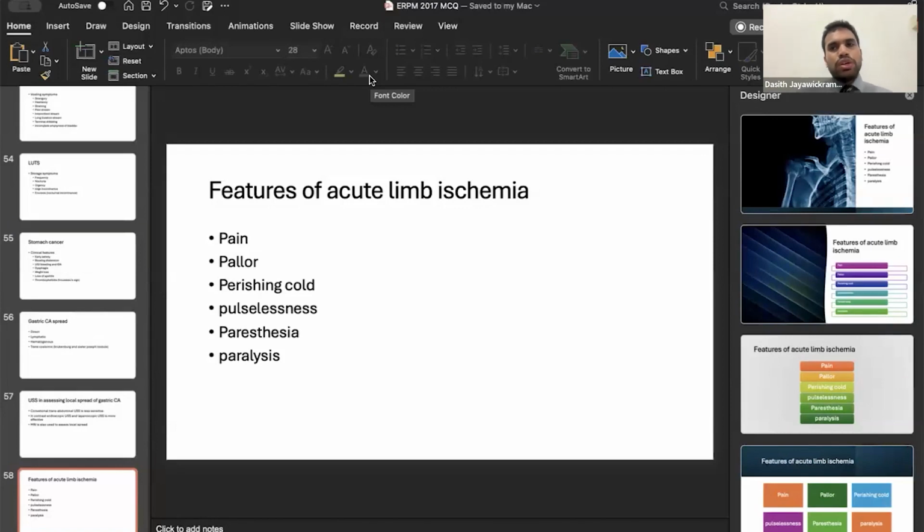Initially, we should do the ABCD approach, assess the airway. The airway seems to be all right and the breathing seems to be all right. Now the cardiovascular problem is the issue, so we should resuscitate the patient and decompress the pericardium. We can't directly take the patient to theater, as the patient is almost going to arrest.